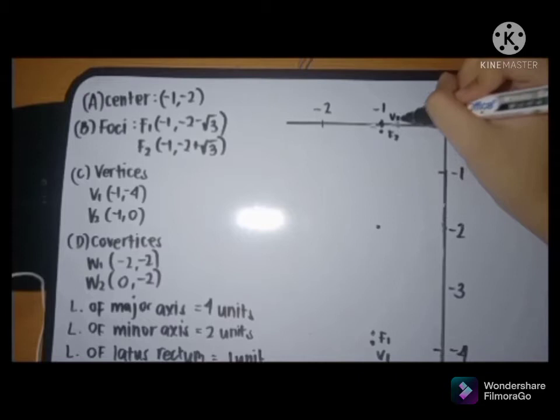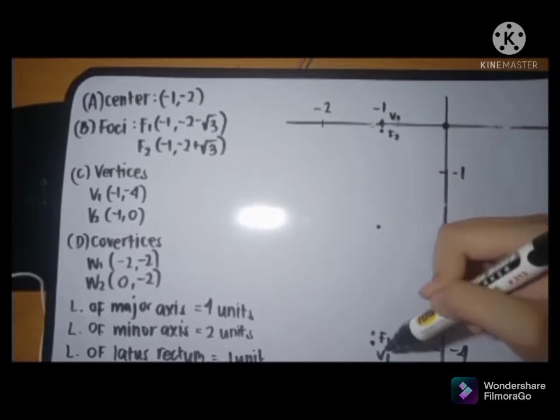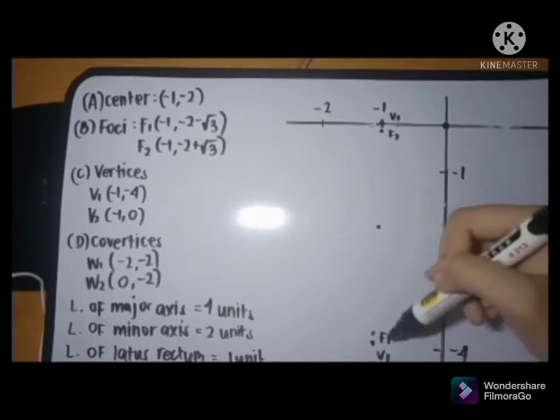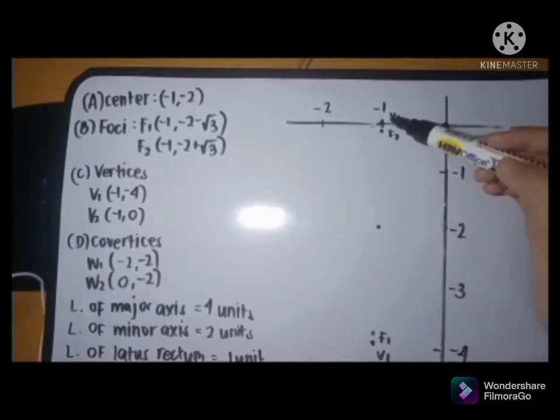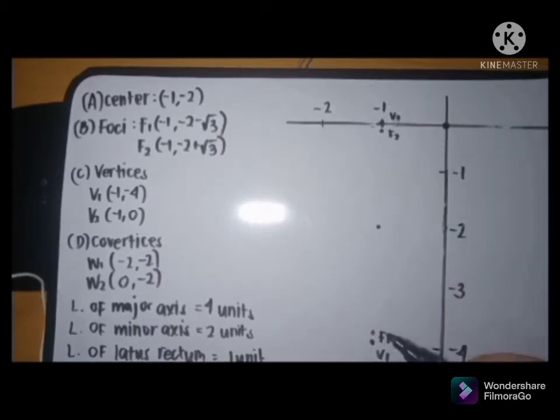This is v sub 2. As you can see, f sub 2 is above the center and f sub 1 is below the center, while v sub 2 is above f sub 2, while v sub 1 is below f sub 1.